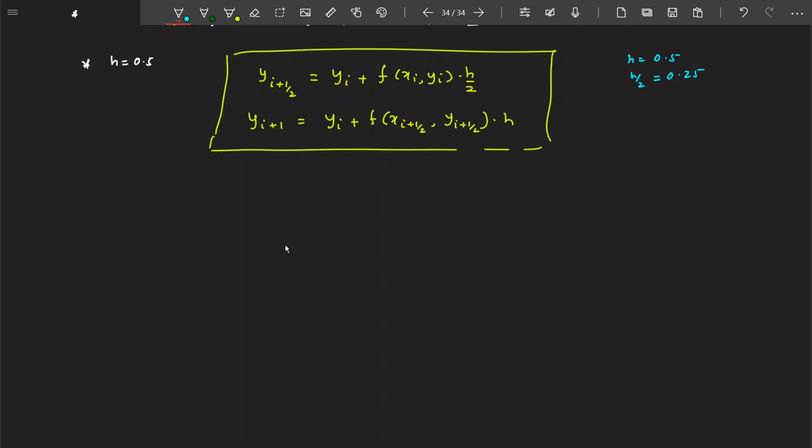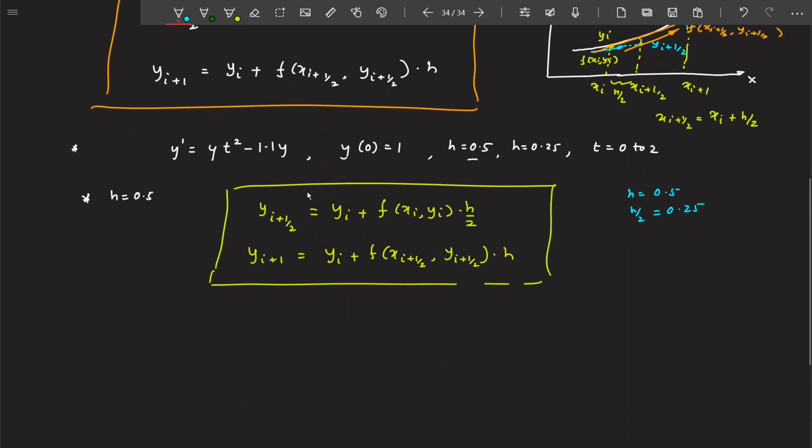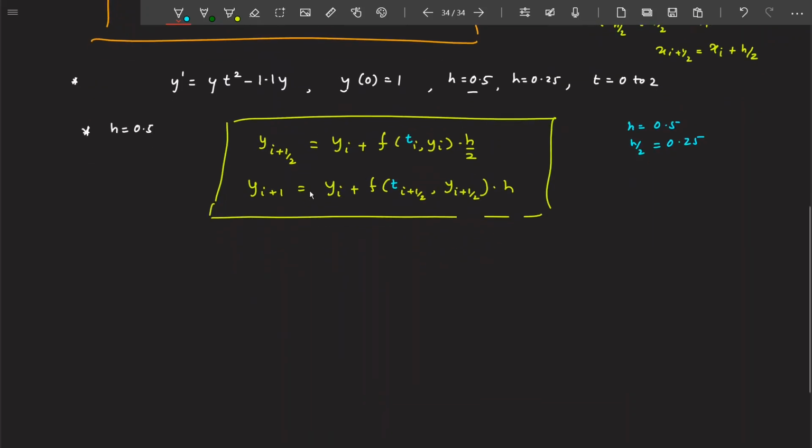Now in this problem your independent variable is t, so in place of x we can write down t. So the first column is going to be ti.